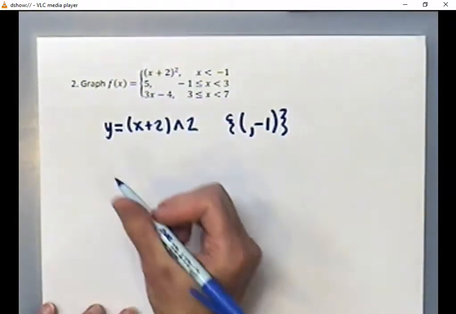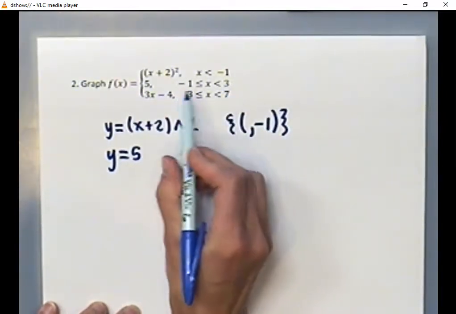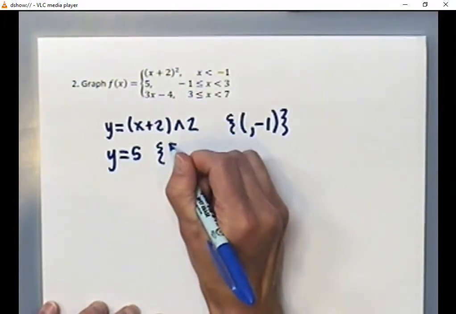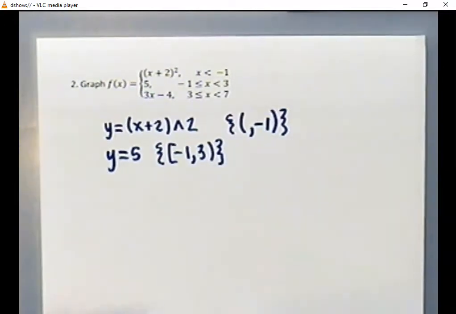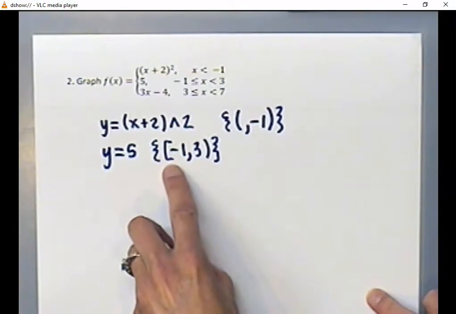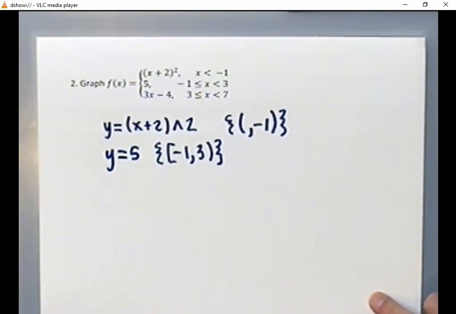And so then I would graph y equals 5, and if I want to do that between -1 and 3, again, you put the domain in braces, from -1 to 3. I want to include -1 on that one, so it has a bracket, so that's like interval notation, but a parentheses around the 3.